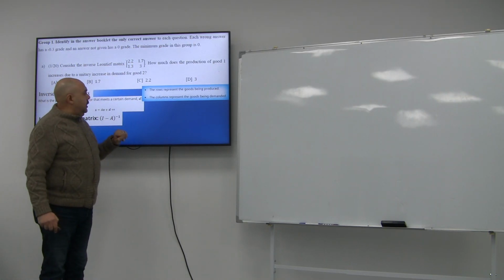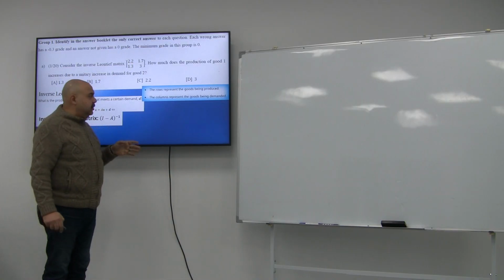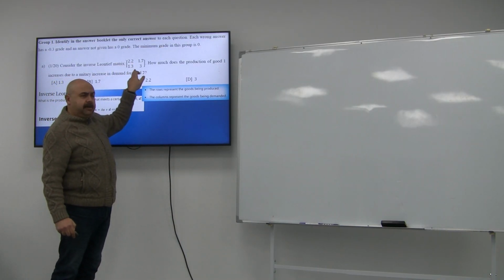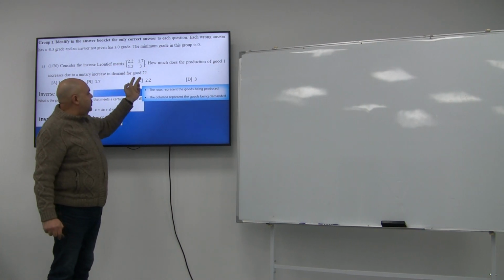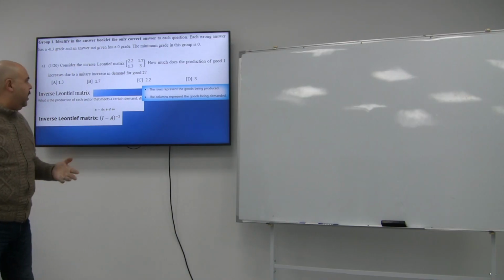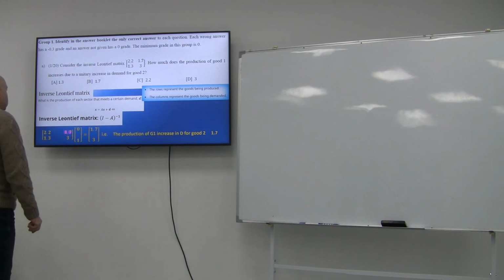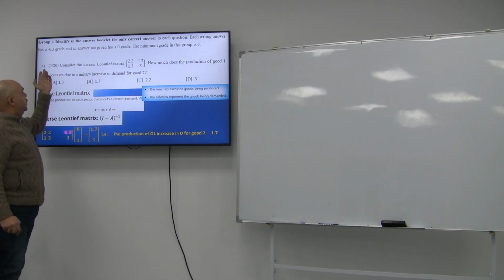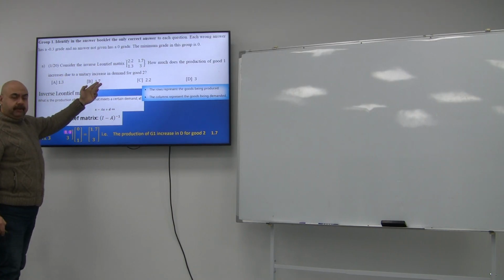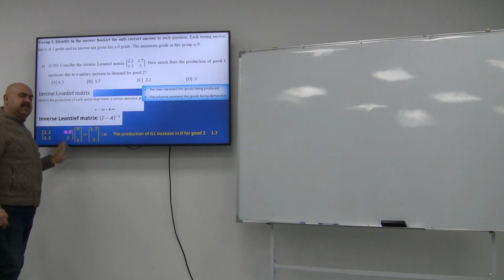Also, there is a remark I want you to keep in mind: the rows of the Leontief matrix represent the goods being produced, and the columns represent the goods being demanded. So for a unitary increase in demand for good number 2, it means the second column.